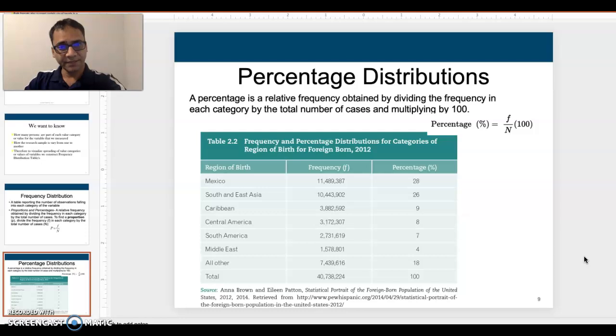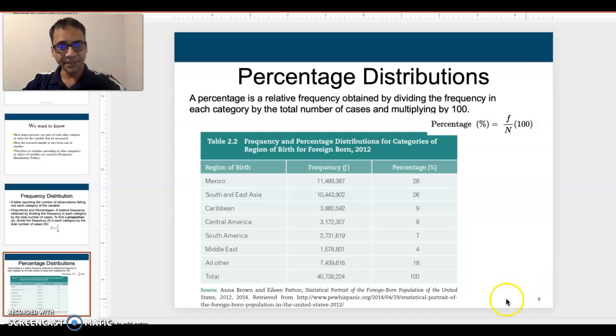Here in this example, Table 2.2, you can see the frequency and percentage distribution for categories of region of birth for the foreign born in 2012. For Mexico, 28% of people were born in Mexico. In the frequency column you can see the actual number of people born in these particular regions, and the third column shows the percent.